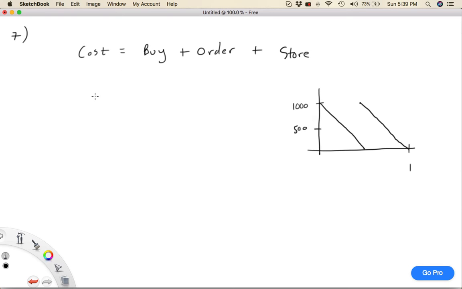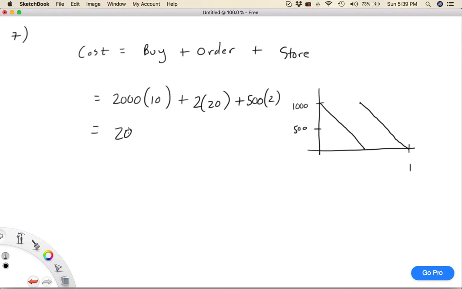Okay, so we're still buying 2,000 bottles of wine. So that's a fixed cost basically. We're placing 2 orders, so that's 40 bucks, and then we're storing on average 500 bottles for $2 a bottle.